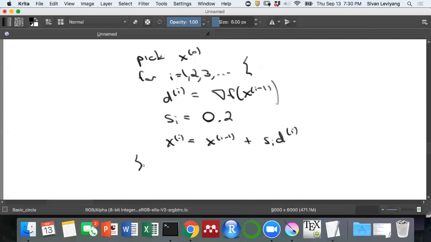If you don't use backtracking, it's just a wilder algorithm. If you know something about the scale of your function, like it changes on a scale of about 10, you can encode it into the step size, S_i equal to 10. But if you don't normalize the gradient, that won't have any meaning. Does that make sense? Okay. Having said that, people do this all the time.